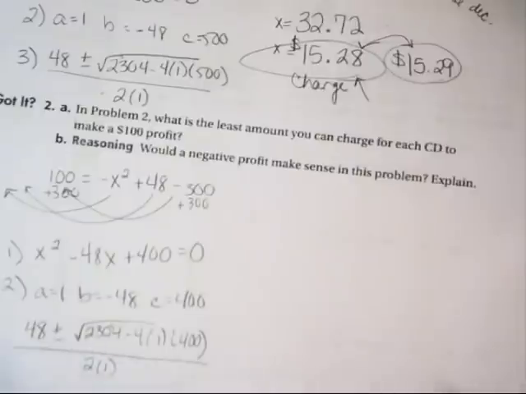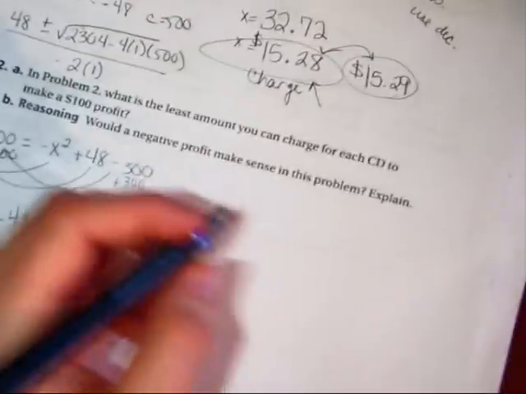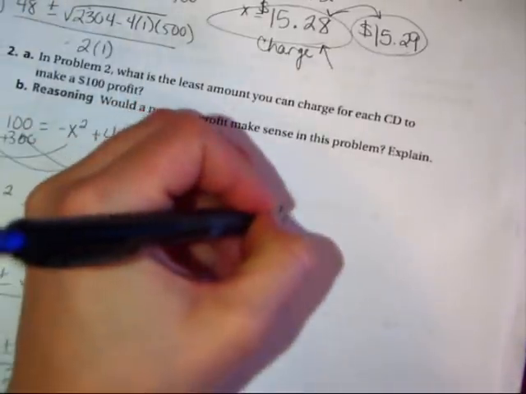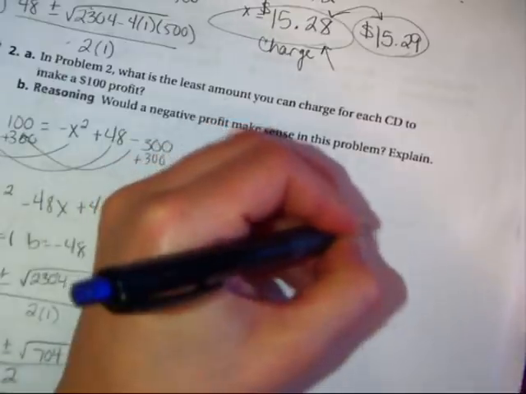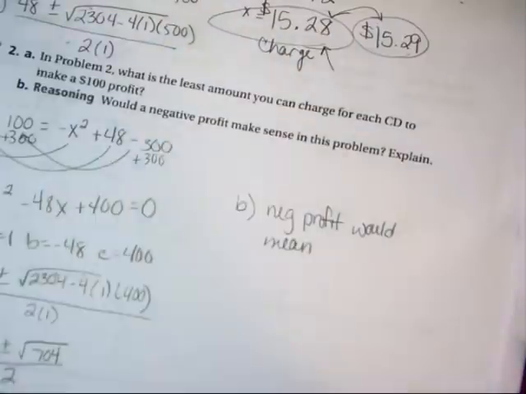And now we have a part B. Would a negative profit make sense in this problem? Maybe I should just explain to you what a negative profit is. A negative profit would mean they made no money.